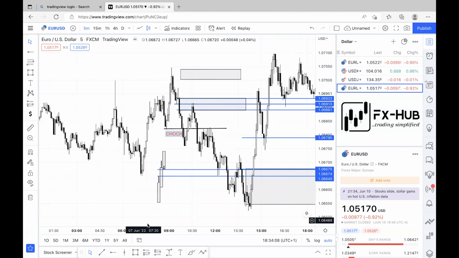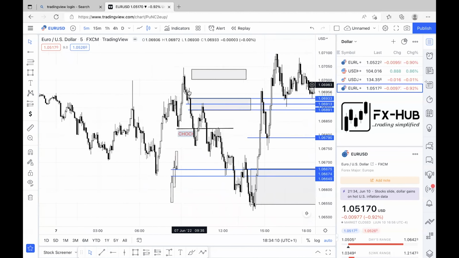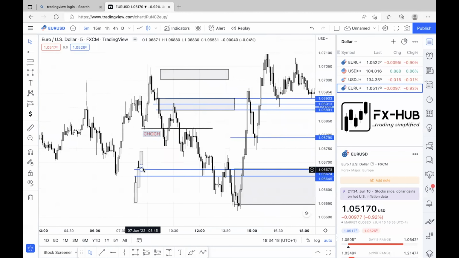Now, if this level here, remember what I said about mitigation and why a mitigated zone and a non-mitigated zone. If your entry started from this very imbalance here, you should be targeting a level or a zone that is unmitigated. The moment you get to that zone that is unmitigated, you take your profits.